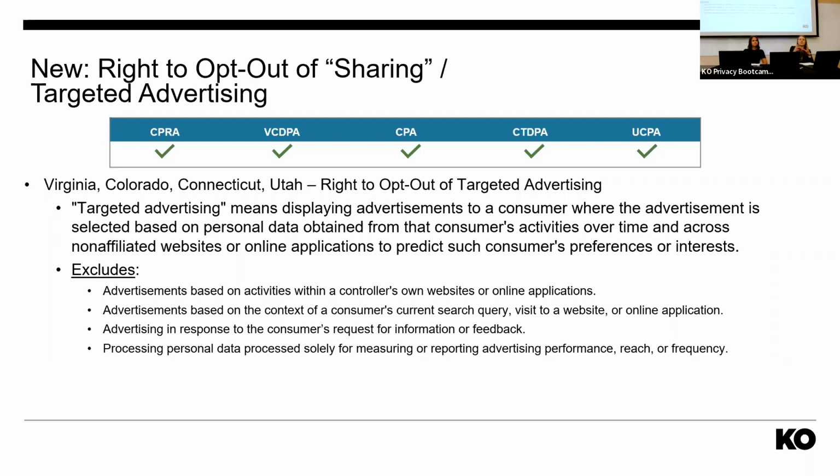So if someone opts out of targeted advertising, that doesn't mean we can't process their data for things like measuring and reporting on our advertising campaigns. We can still monitor their data for statistics around our advertising, just that can also bleed into further targeting of them for advertising purposes.